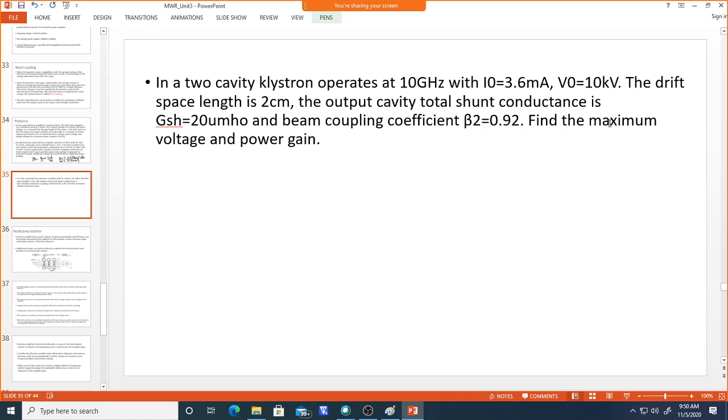So now we can calculate V2 and the power gain. We can use the same equations as in the earlier problem. First calculate AV, and V naught is given, and you can calculate V1.